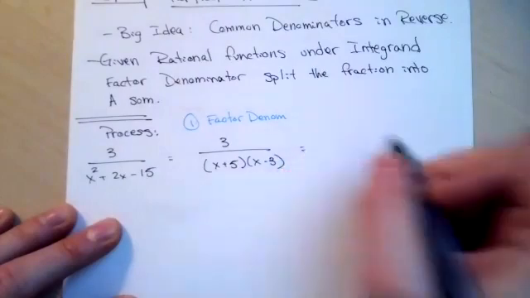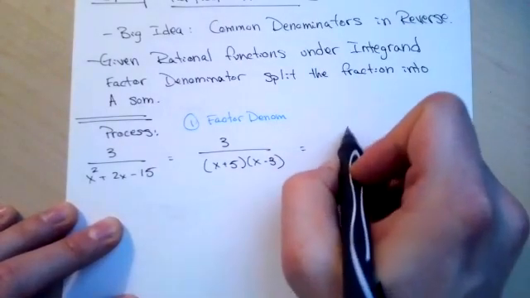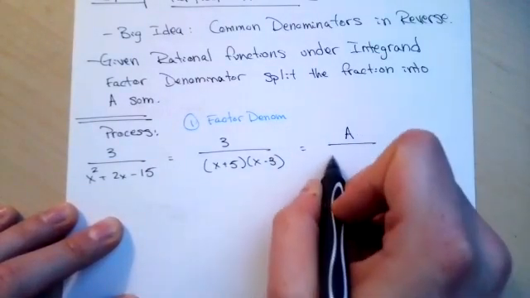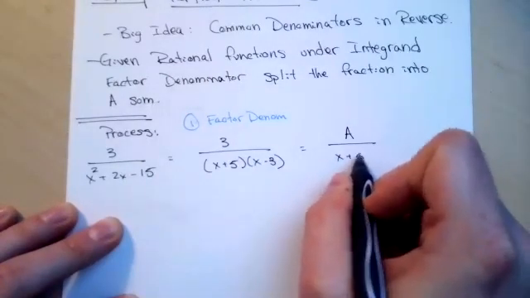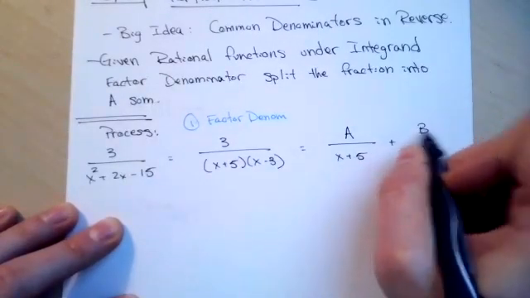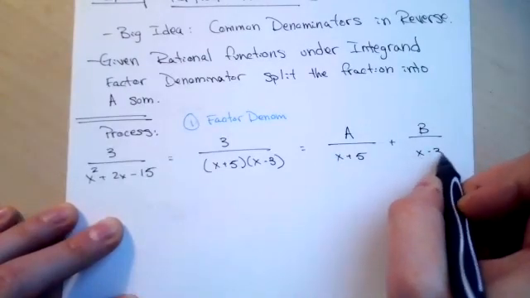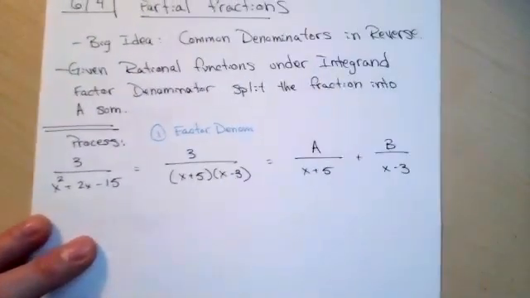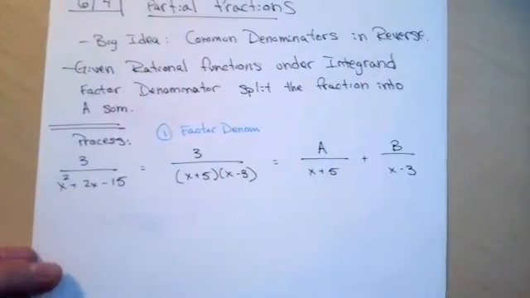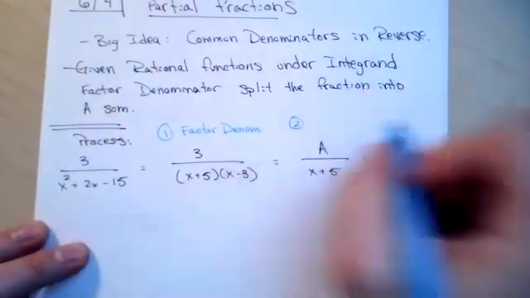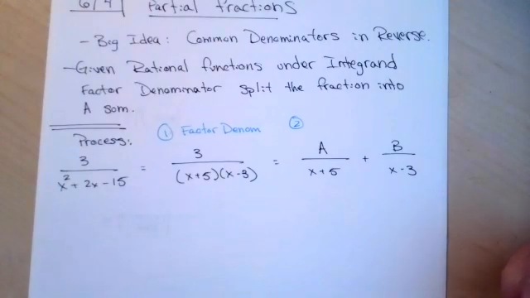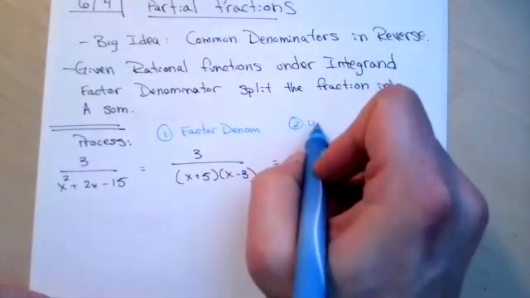Then what we want to do is write it as a sum of different factors over those individual factors of the denominator.